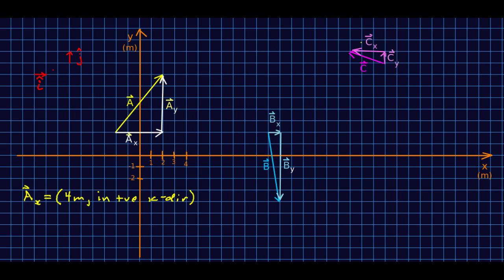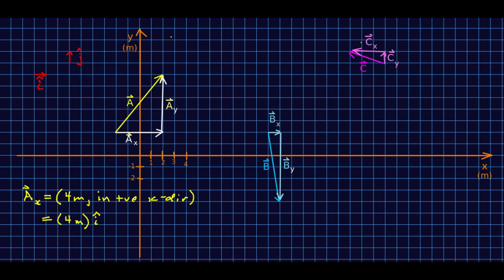Whenever you see a hat on a symbol, that's telling you that that symbol is standing for a unit vector. So with that, I can define i that way and write AX because we know how to multiply a vector by a scalar. And i hat has magnitude 1, so 4 meters times i must have a magnitude of 4 meters. And note the meters are out here. That i hat is unitless.